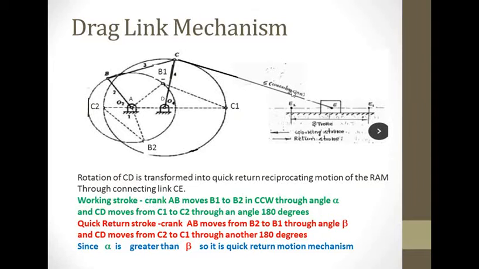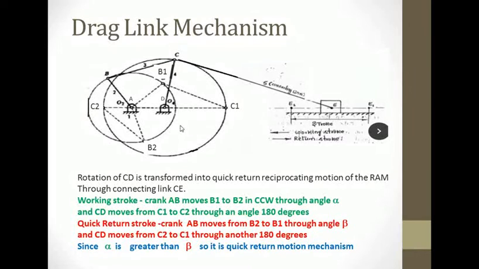We are connecting the ram through the connecting link CE, and the ram has a tool which moves from E1 to E2 and E2 to E1. E1 to E2 is the working stroke, and E2 to E1 is the return stroke.